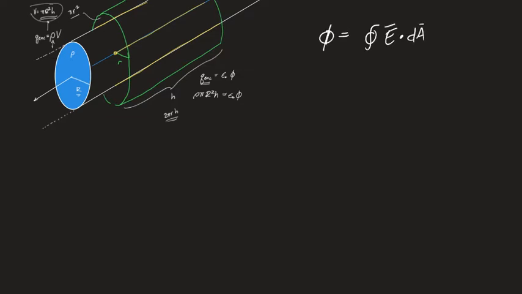I foresee that there are 3 different surfaces to the can of my Gaussian surface. There's the top, there's the bottom, and there's the sides.